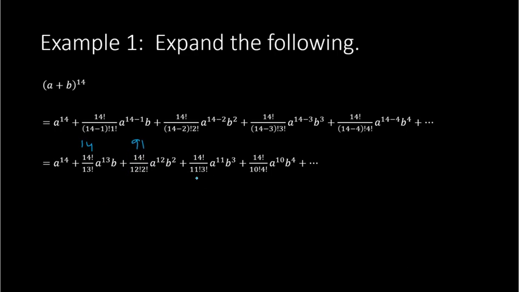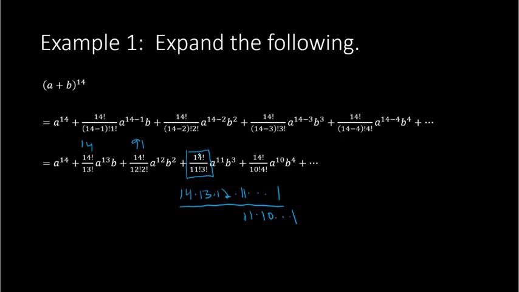Let's do one more term to get a little more experience with that simplifying. So here we have 14 factorial over 11 factorial, 3 factorial. All right, so for this one, we have 14, 13, 12, 11, etc., all the way down to 1. 11 factorial is 11, 10, 9, etc., all the way down to 1.